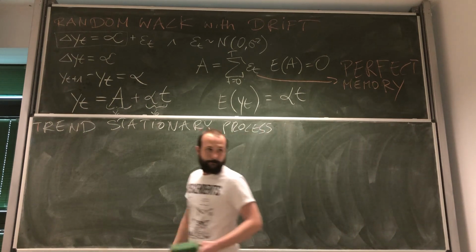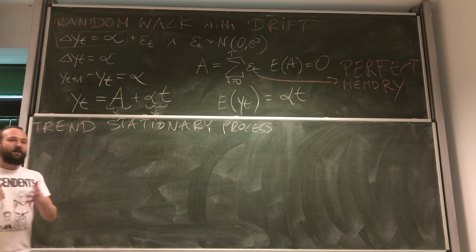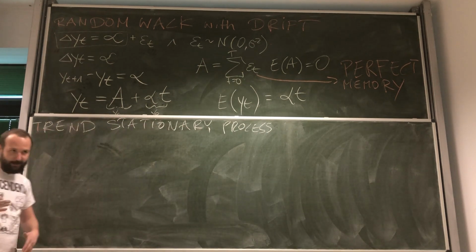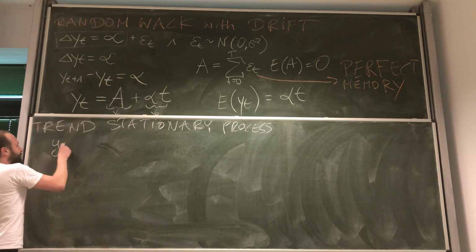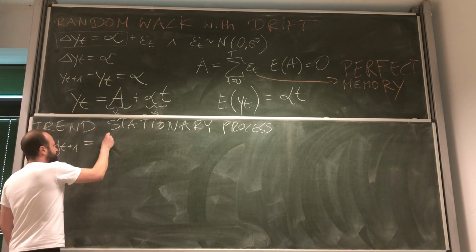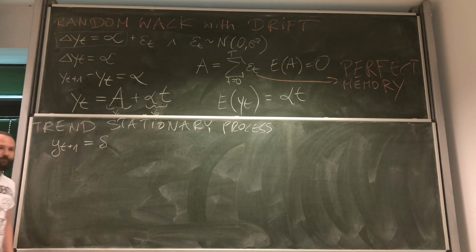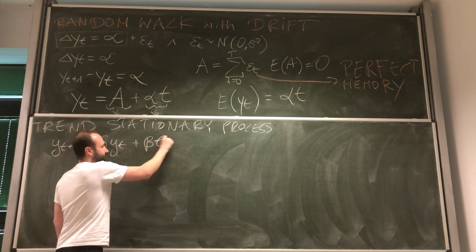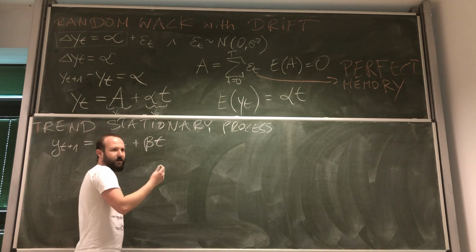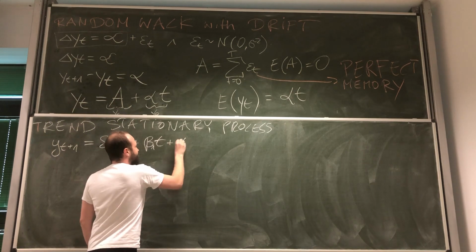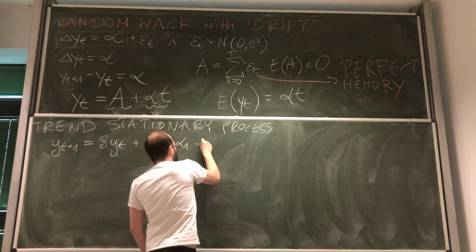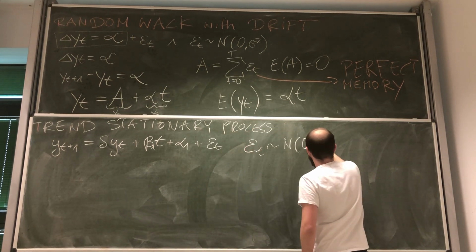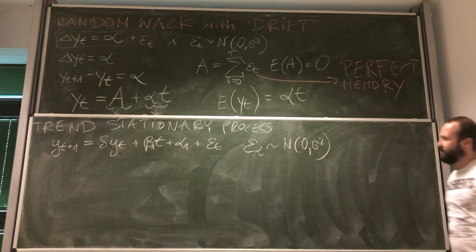Okay, so again, we need to take some assumptions, and let's assume that y_{t+1} is equal to delta times y_t plus beta_1 t plus alpha_1, and plus, of course, random disturbance, again, normal distribution, constant variance.